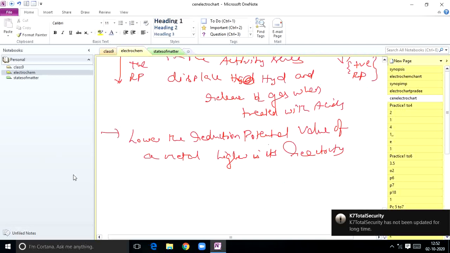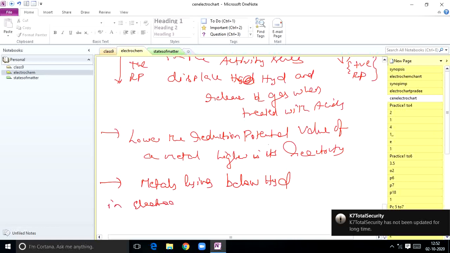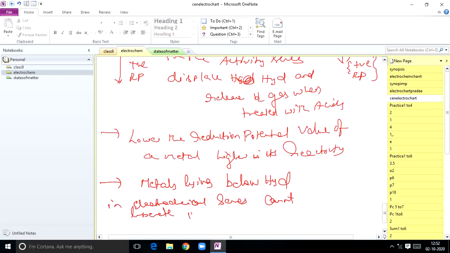Next, metals lying below hydrogen in the electrochemical series can't liberate hydrogen gas when treated with acids. Very, very important point. Every point is clear, students.